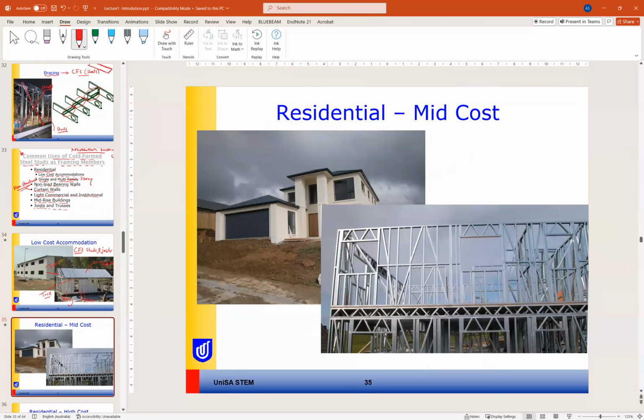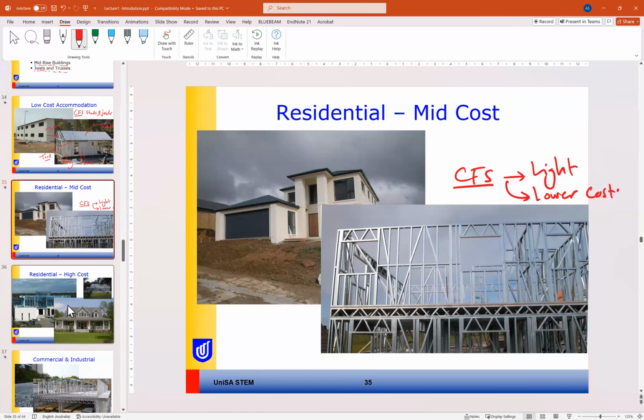Another is mid cost residential, like if you have this prestigious house, it can be built also from cold formed steel sections because it is a lighter option and also lower cost. Okay, so these are examples of the residential low cost, cheaper accommodation and mid cost accommodation.